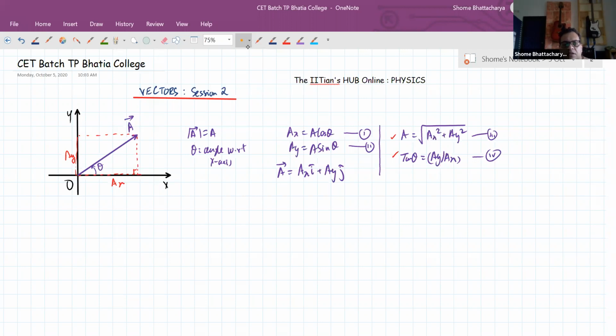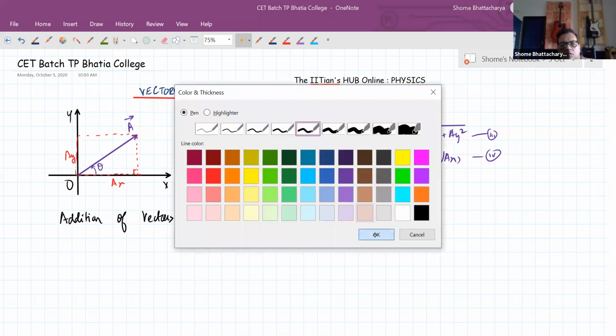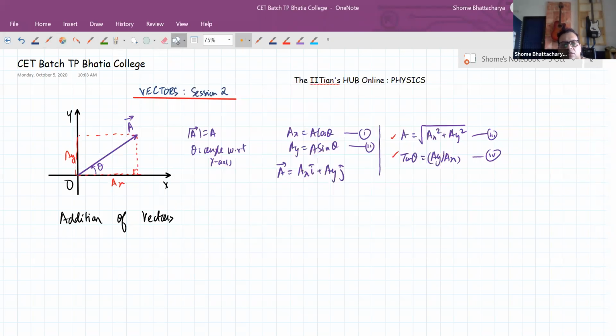Now the next thing we'll start with today, which most of you are familiar with, but it will be like a revision, is addition of vectors. In terms of addition, we will see how to add vectors using geometry, or what is called the triangle law of vector addition, as well as using component algebra.